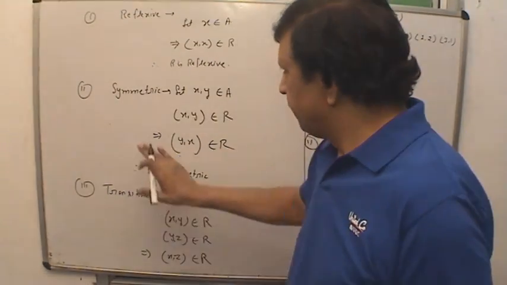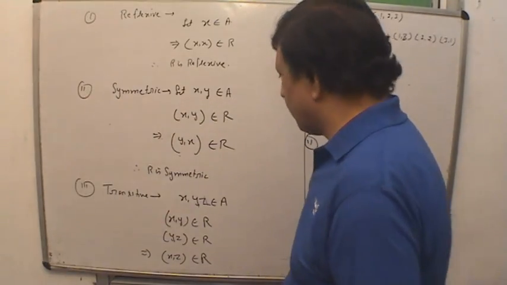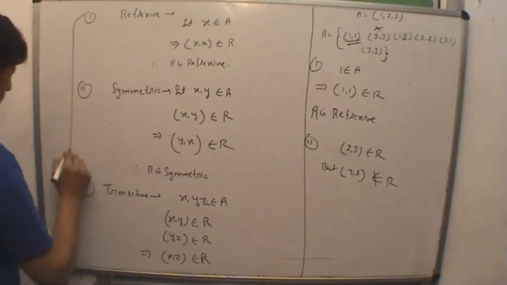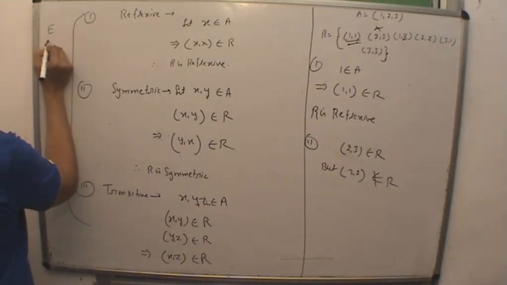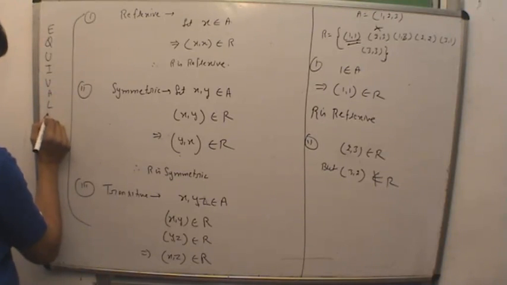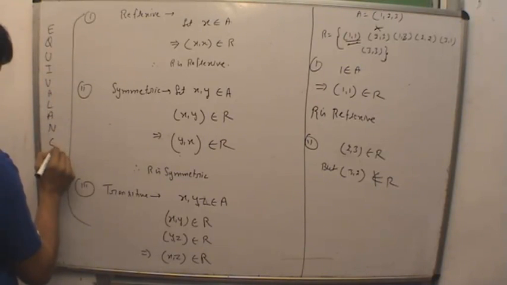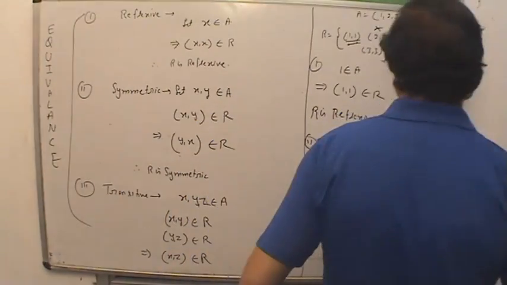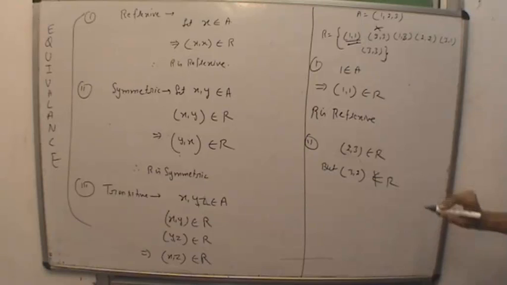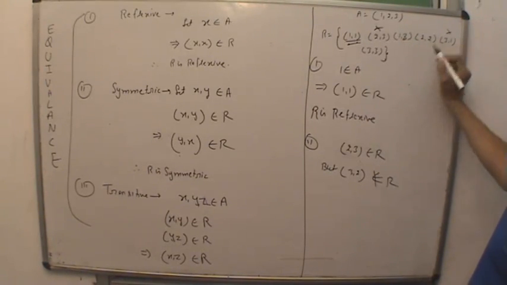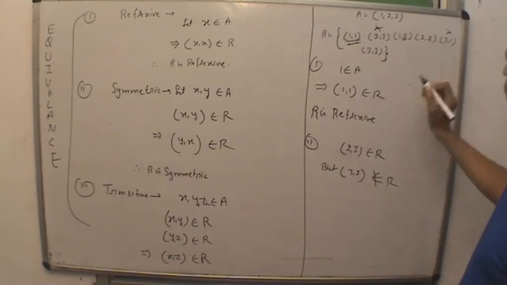If any relation follows all these properties, we call that relation an equivalence relation.